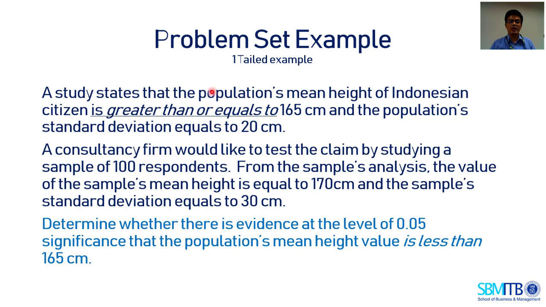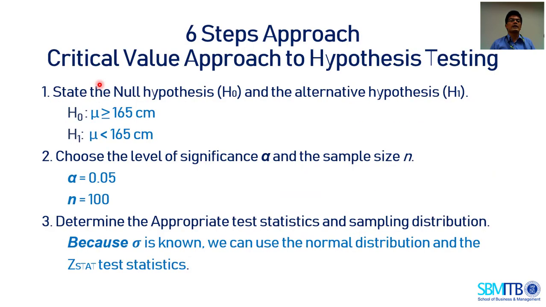Here, the null hypothesis is stated as greater than or equal to 165 centimeter. Previously, the null hypothesis stated that the mean height of Indonesian citizens equals 165 centimeter. So if we apply the 6 steps approach, we go first to the first step, state the null hypothesis and the alternative hypothesis.